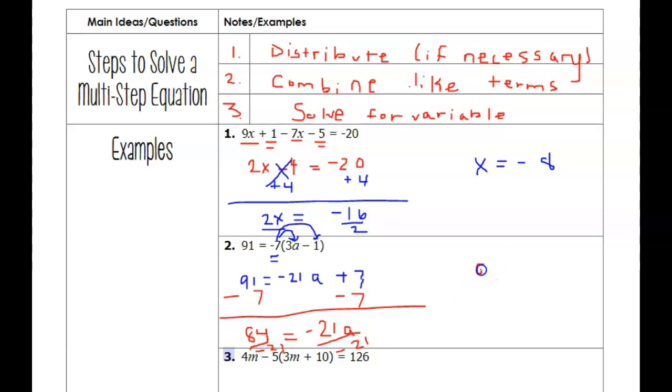And so I end up with a equals 84 divided by negative 21, and that is negative 4.